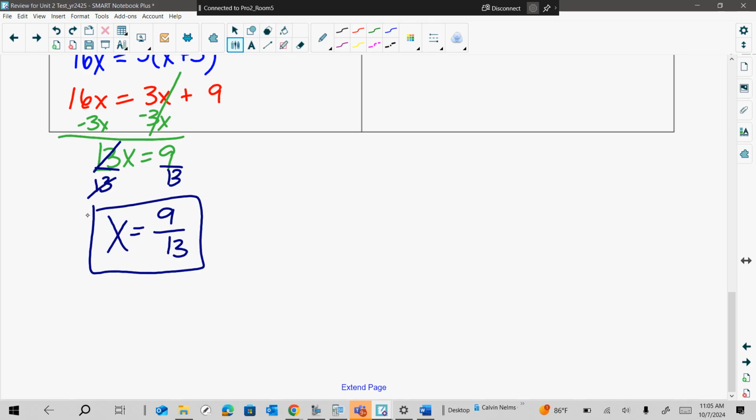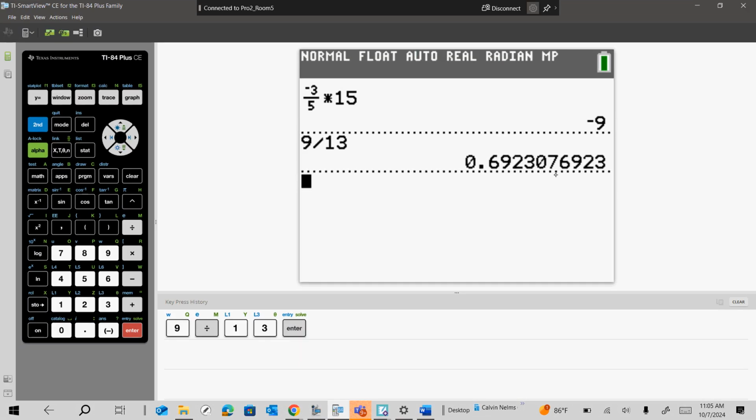This decimal is irrational. I would have to tell you to round something like this. If I do 9 divided by 13, see how it doesn't repeat in an order? So I would just keep it as fraction form. It would say 0.69 if I said round to the nearest hundredth, then you would do that. Otherwise the exact answer would be 9 over 13.